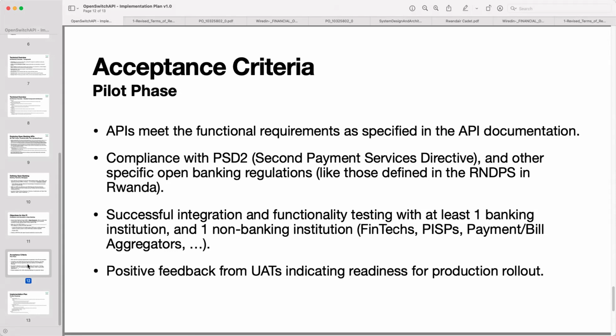And then a successful integration between at least one banking institution that holds the consumer accounts and the fintech or a payment aggregator, to be able to have the payment aggregator use this open banking API to initiate a transfer request to a specific bank or MNO.